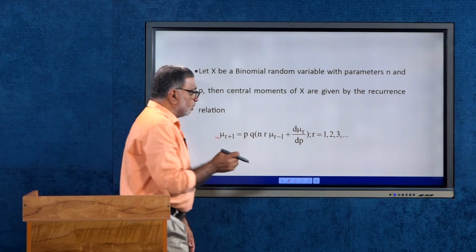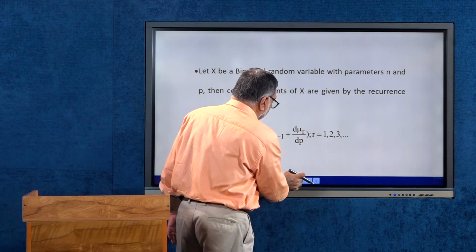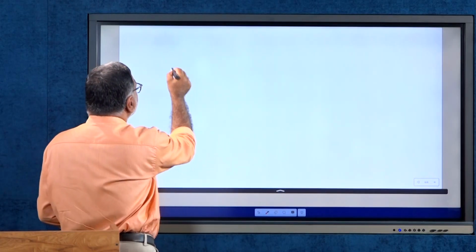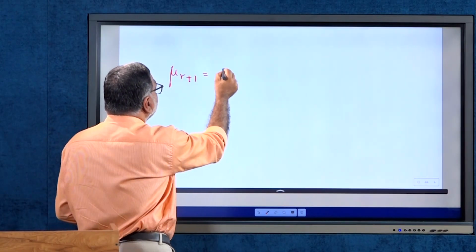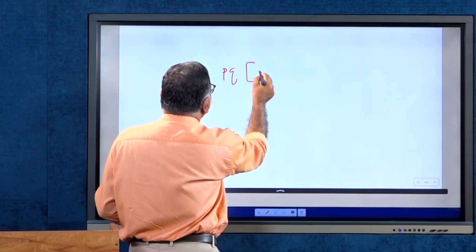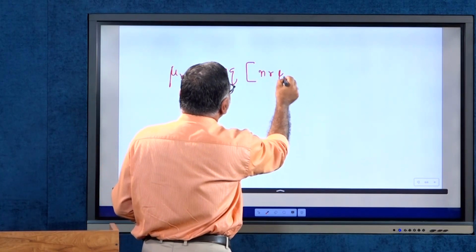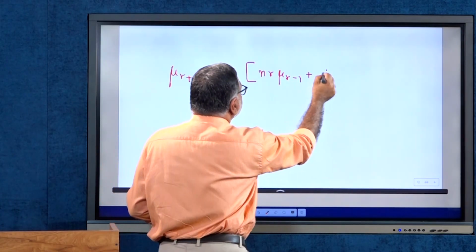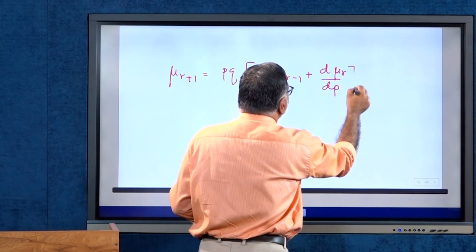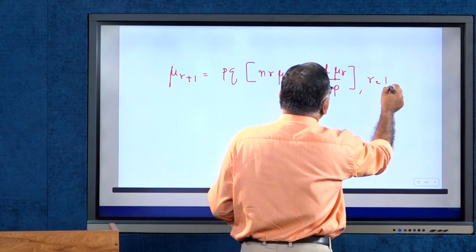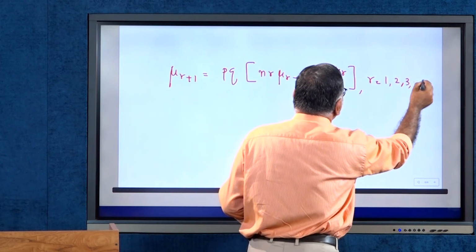So, that means we have the value pq into nr mu r minus 1 plus derivative of mu r with respect to p, where r is equal to 1, 2, 3, etc.